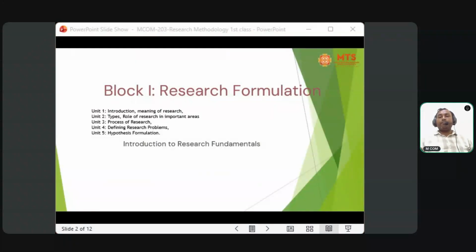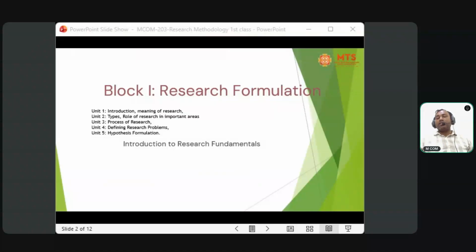Okay, and as per Kothari, I have already discussed, and it is also in our slides, already shown to you. Research is a pursuit of truth with the help of study, observation, comparison, and experiment.